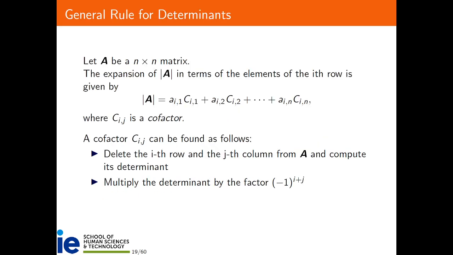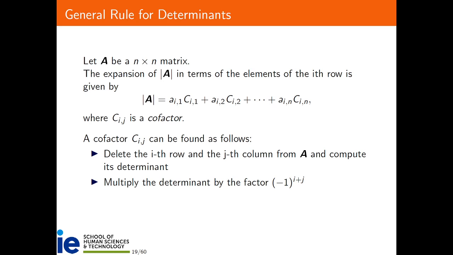I have a matrix A, and its determinant is going to be equal to an expansion in terms of a row or a column, where I multiply the elements of that row or column that I chose by what is called a cofactor.